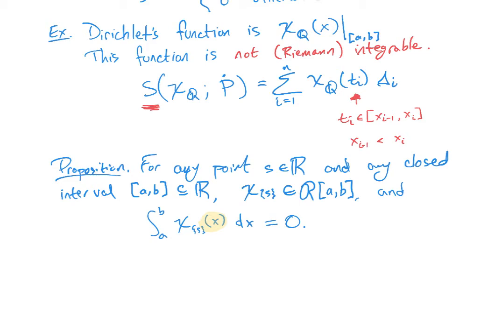Isn't this similar to the Dirac delta function? What is the difference between this and Dirac's delta? The domain. No. This integrates to 0, and what does Dirac's delta integrate to? 1.